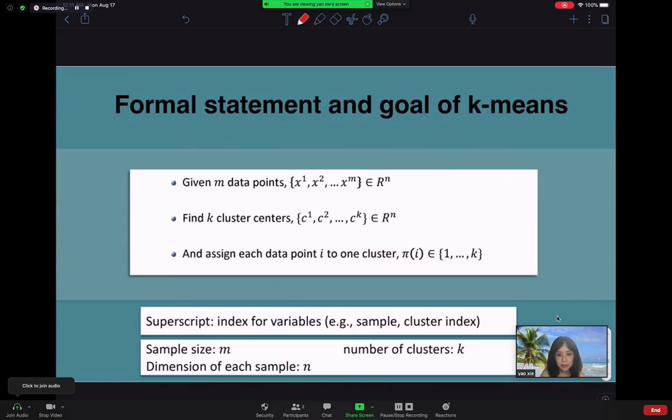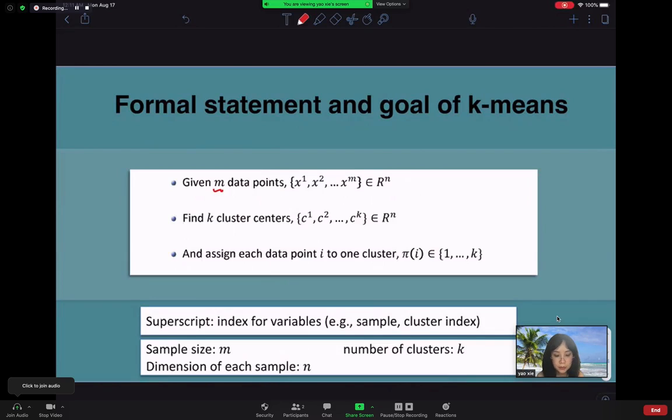I'm going to describe this algorithm below using pseudocode. As you can see here, we're going to start to introduce some mathematical notations. Given m data points, here this m represents the number of data points. This is going to be the convention throughout the whole class: m denotes the number of data points.